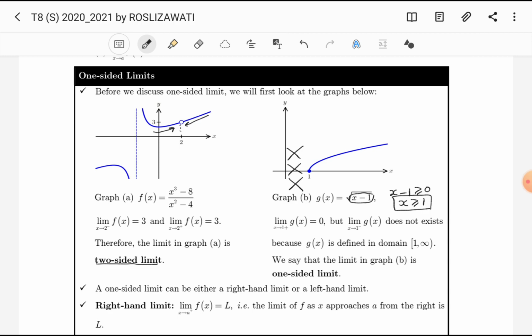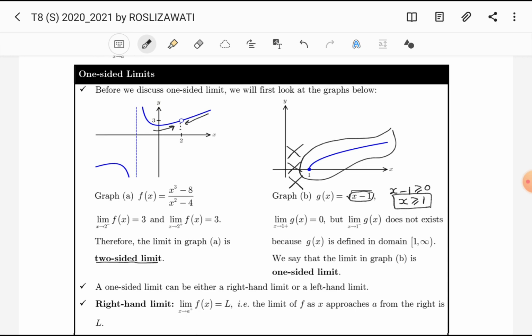So for this function, there is a one-sided limit only. And for this graph, we have a limit on the right only. Maybe for other graphs there is a limit on the left only. Okay, so this is called a one-sided limit.